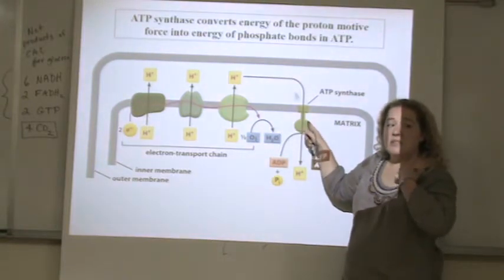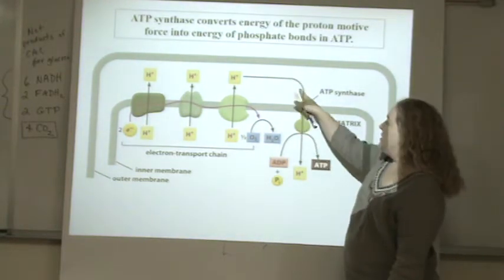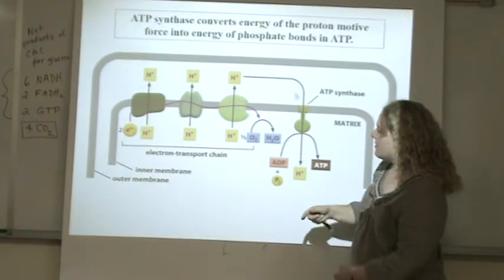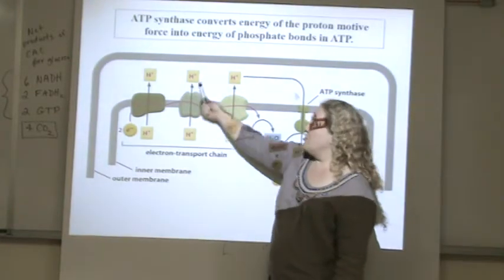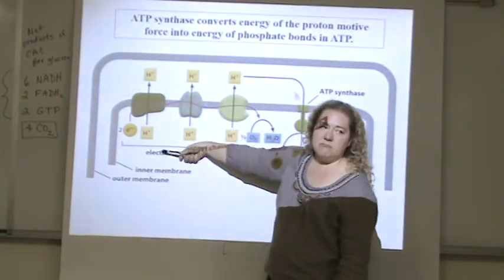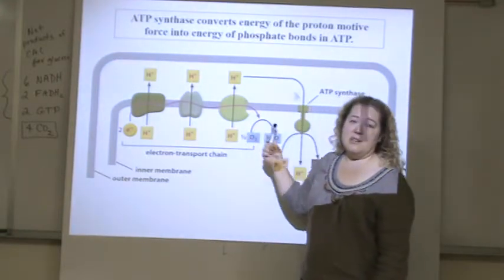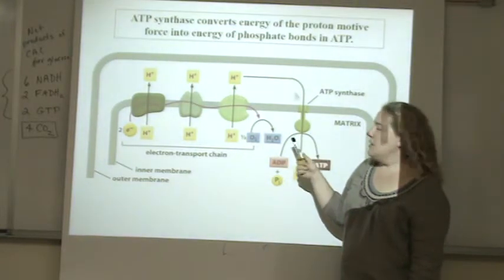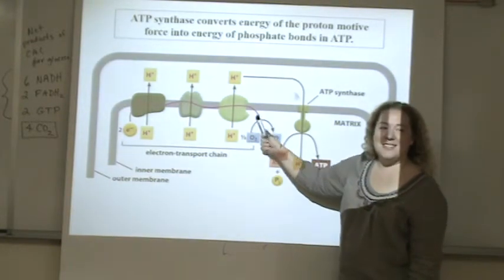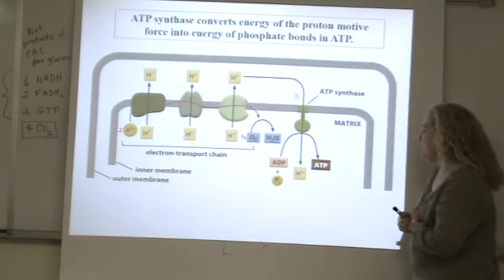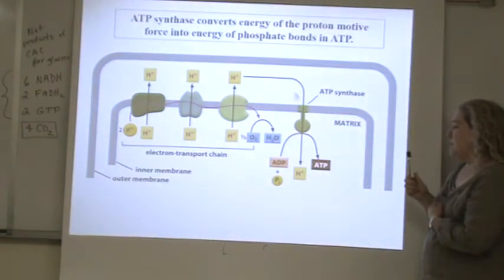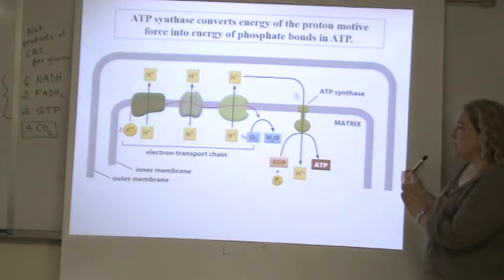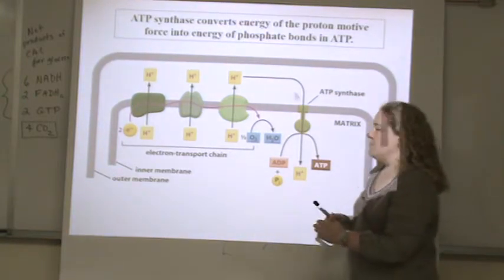Doesn't have anything to do with electrons, but it is letting protons rush back through that were pushed across the inner membrane using energy from the electrons. It's involved. It is not touching the electrons. The electrons are the red line.